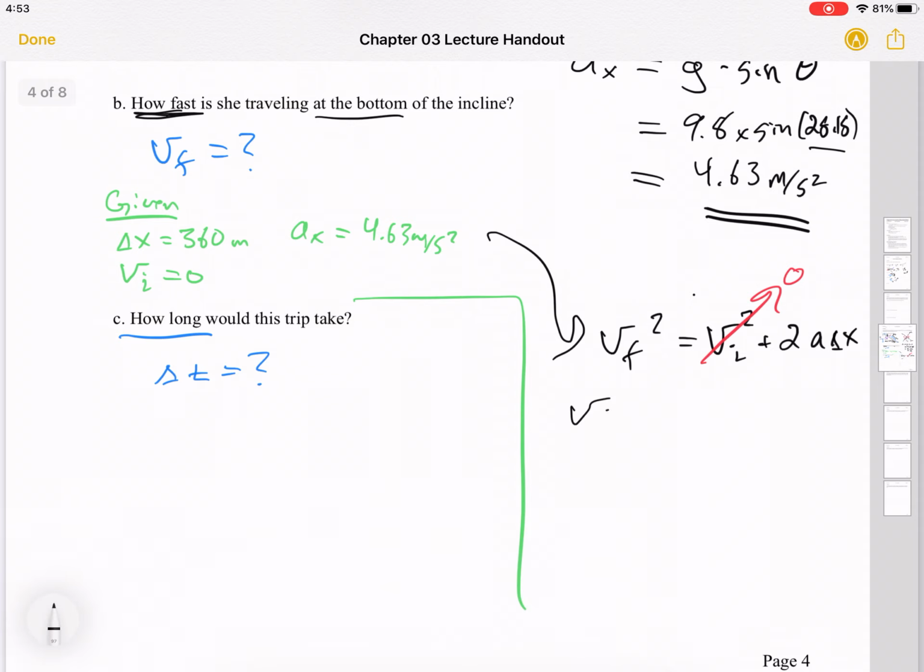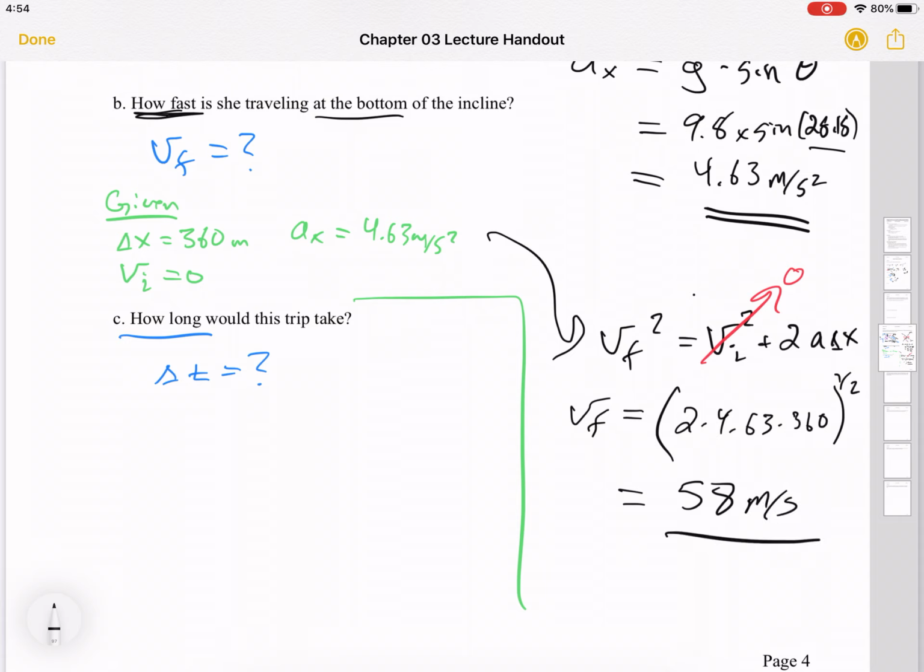So then V final is going to be the square root of 2 times 4.63 times 360. I could put the units in there, but again, if I'm plugging everything in SI units, it's going to work out. That's just the way it works. So what I get for this is 57.7 meters per second. Let's round it to 58 meters per second, which is pretty fast.